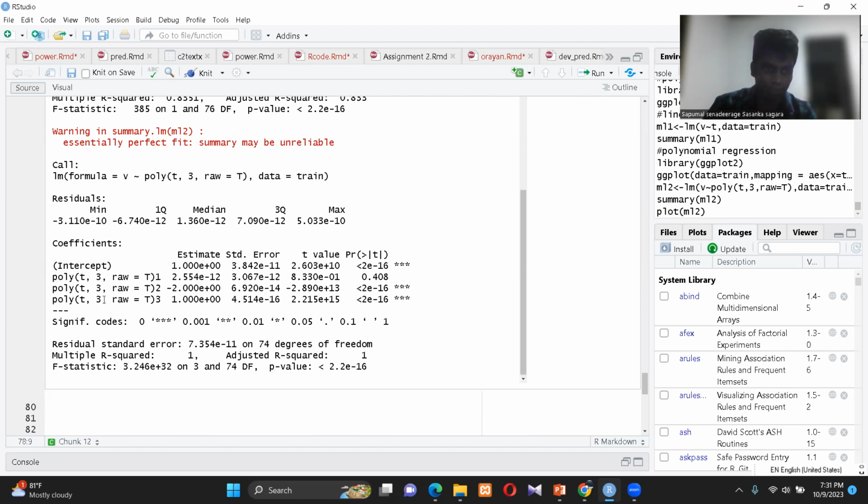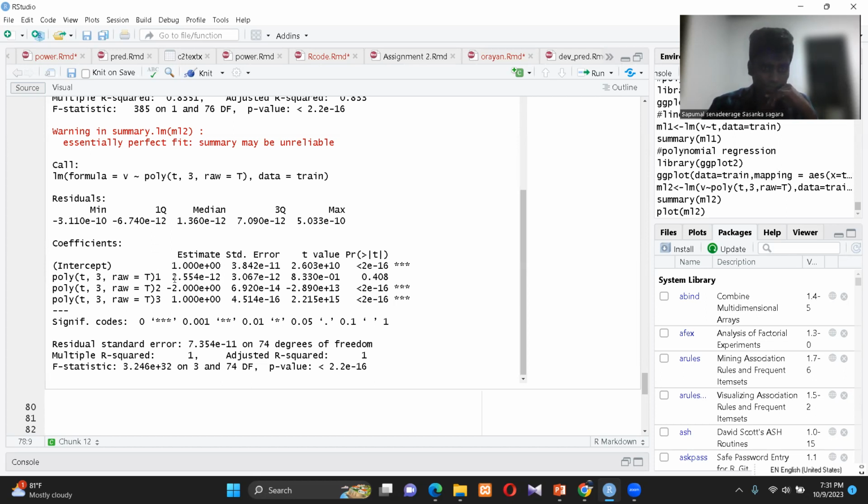So this is the third one, t to the power 3. This is the corresponding coefficient, right? And this is the corresponding coefficient of t squared, right? And this is t, right? Okay, and this is the intercept, right?